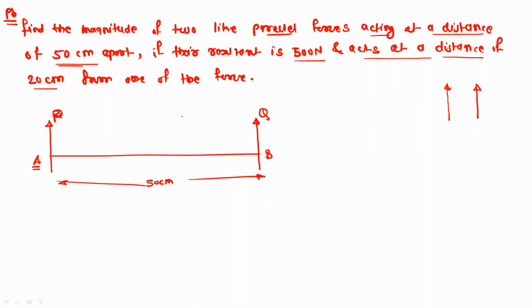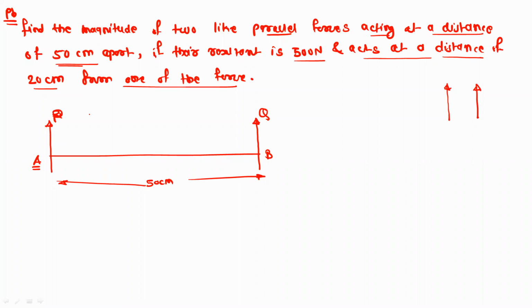So these are two like parallel forces. Their resultant is 300 Newton. As both the forces are acting in the positive y direction, the resultant will also act in the positive y direction. And the distance of the resultant from one of the forces is equal to 20 centimeter.